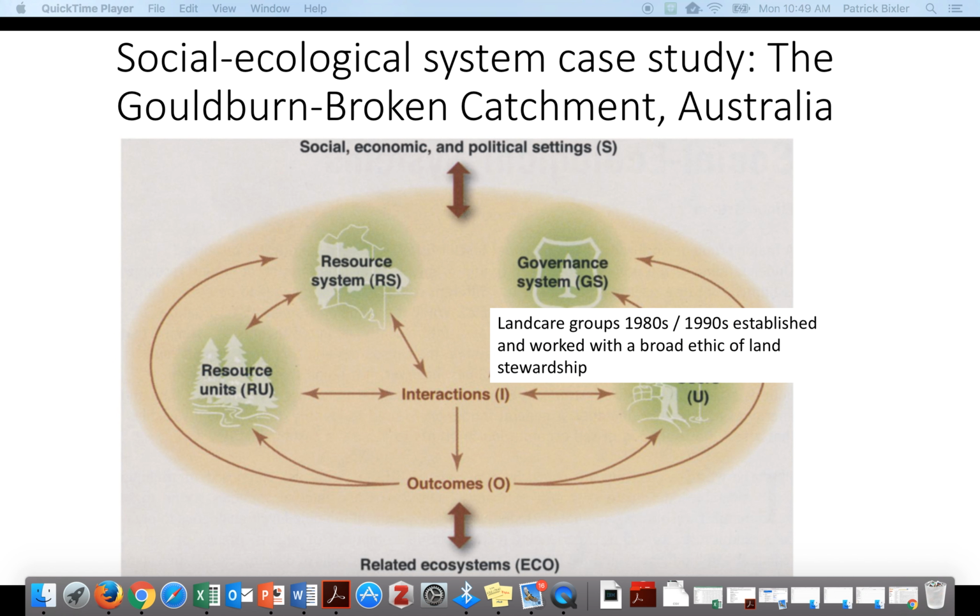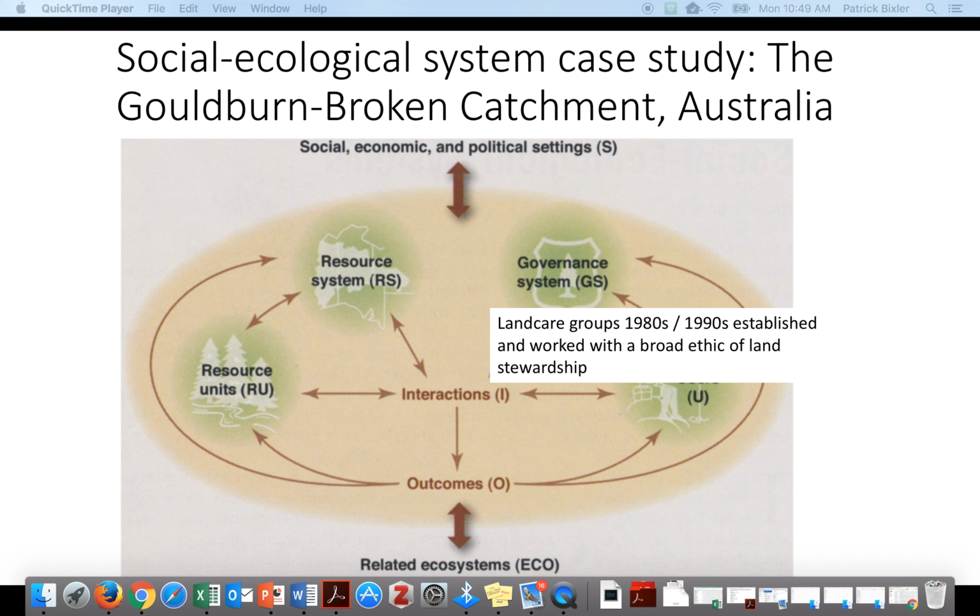Another part of the governance system is you start to see these community-based private landowner groups emerge. In the 80s and 90s, the program was called Landcare. It's a well-documented and a really interesting system of community-based private landowner stewardship. And then another change to the governance system, you see the integrated catchment management authorities.